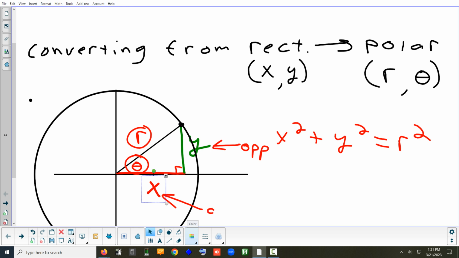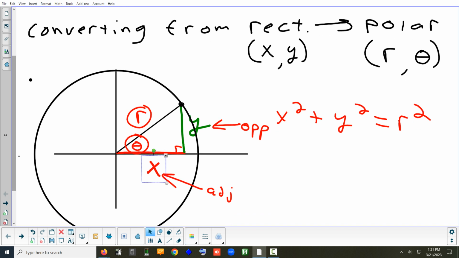That's adjacent. So we've got opposite, we've got adjacent. What trig function has those two? Tangent. So to solve for theta, we're going to have to use tangent somehow. Tangent equals opposite over adjacent.